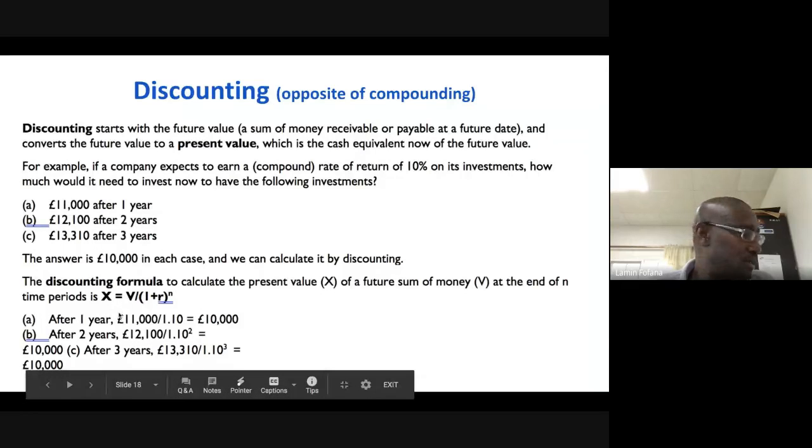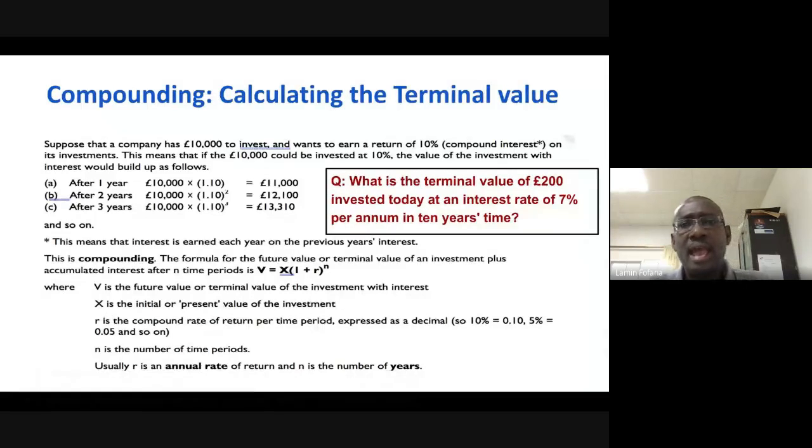In compounding we have V equals X into (1 plus R) raised to power N. So what we do here is we make X the subject of the formula, with the little math that we learned. You can transpose it in any way, mathematically.